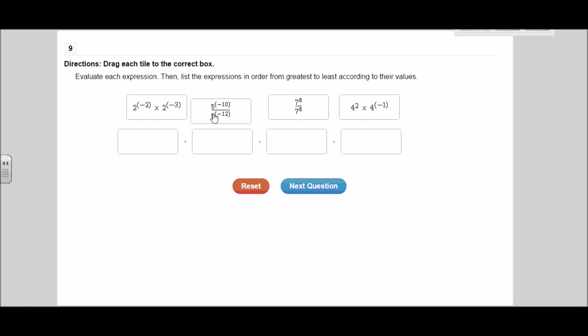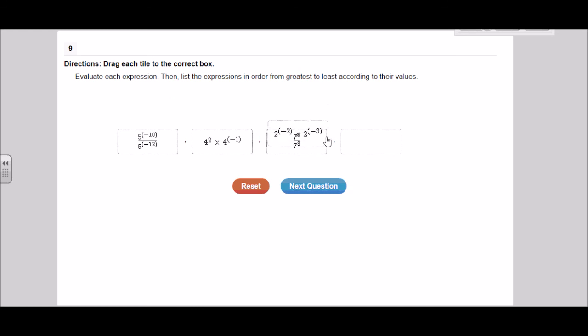So I know that this was the first one, this was the second one, because that was really 4, this was really 1, and this was 1 over 32. So that's all I would do. It's not that complex. It's really just asking you to do all 4 of the different choices and then put the choices in order based on the value. So I hope that helps.